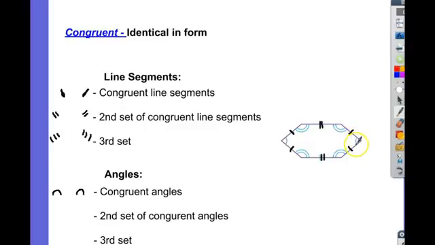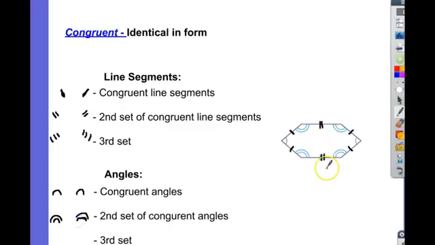So this angle is the same as this angle, all right? So these are congruent. However, if you look here, I have 2 different lines going here. That means that this angle is the same as this angle, is the same as this angle, is the same as this angle. So those are all congruent. I would mark my second set with 2. It's starting to look like a rainbow.